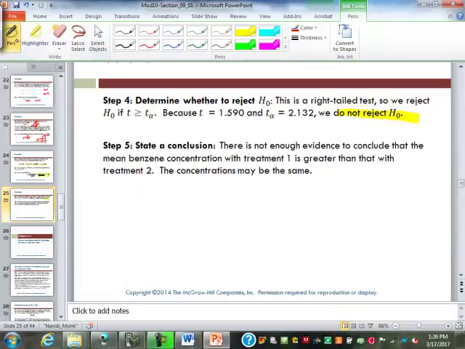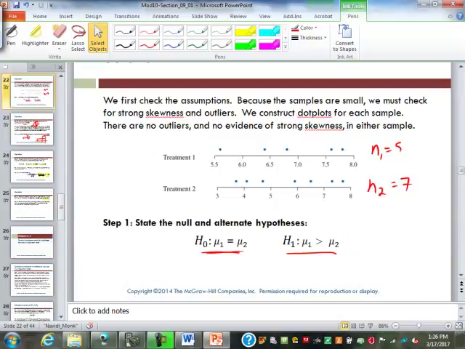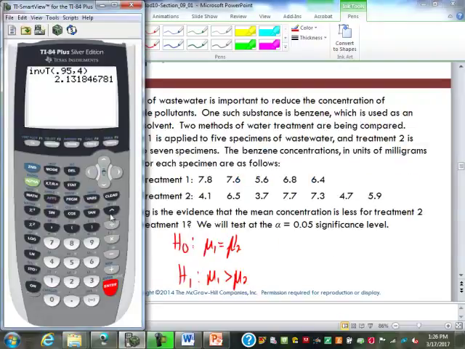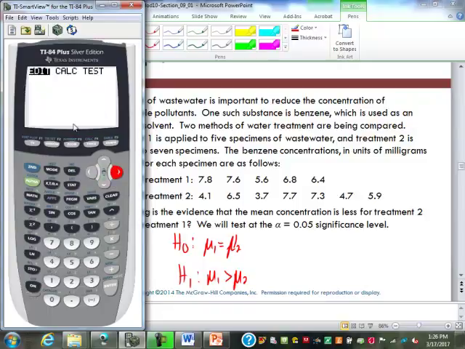Now, here's an example where we can do on the calculator, we can actually do the list function. So I'm going to go back up to the lists here. We don't get too many examples of this, so I'm going to go ahead and do it. So we're going to go to stat, calc, and I'm going to do the 2 sample t-test, which is 4. And actually what I've got to do before I do that, I've got to go back to edit. Select edit. I'm going to go to my lists.